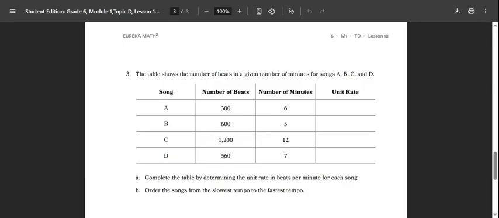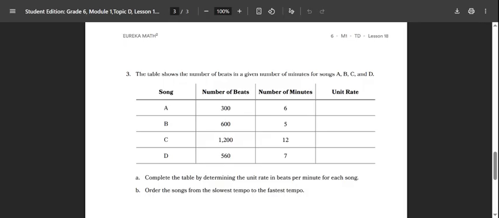So like on this table we've got 300 beats for 6 minutes. We've got 600 beats for 5 minutes. 1200 beats for 12 minutes. That's not easy to compare, all of those songs, but if we would change it to an equivalent ratio, which would be a rate, we could change it to a unit rate where one of the quantities is 1.